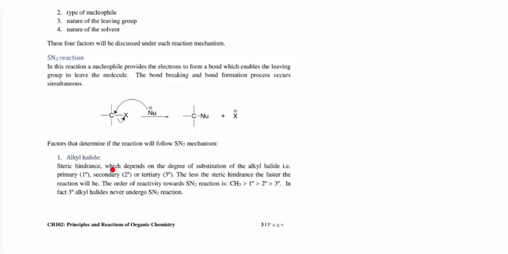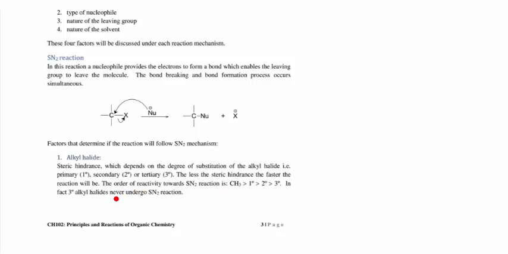Right, so the less the steric hindrance of the alkyl halide, the faster the reaction will be. In other words, the less branched this alkyl halide is, the easier it will be for the reaction to proceed. Therefore, the SN2 reaction favors primary and secondary alkyl halides only.